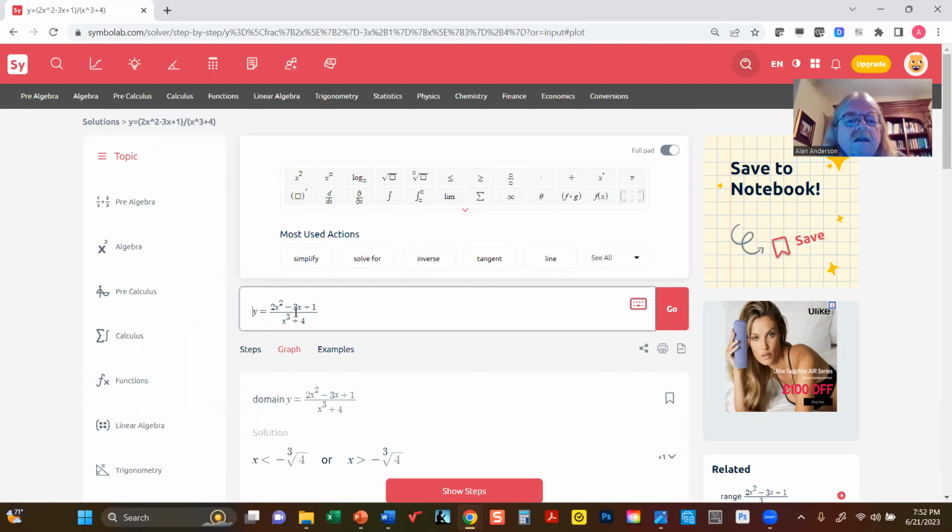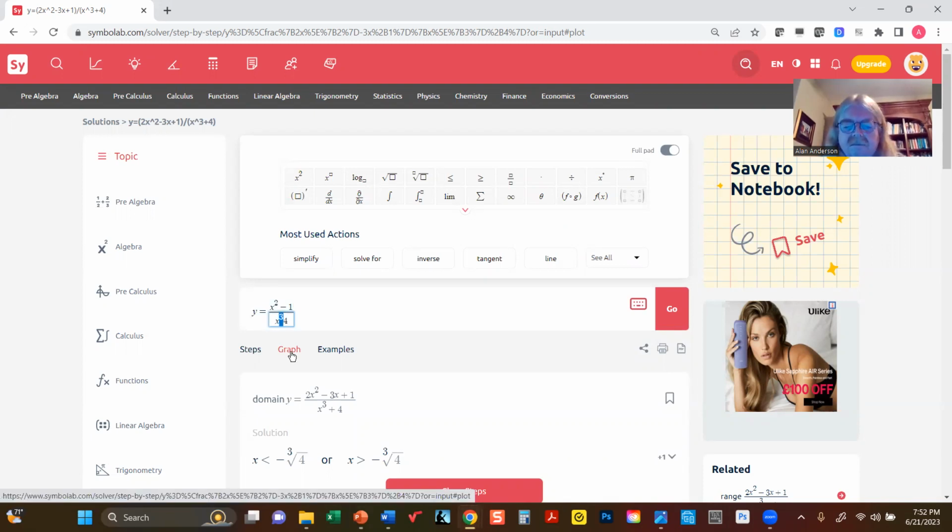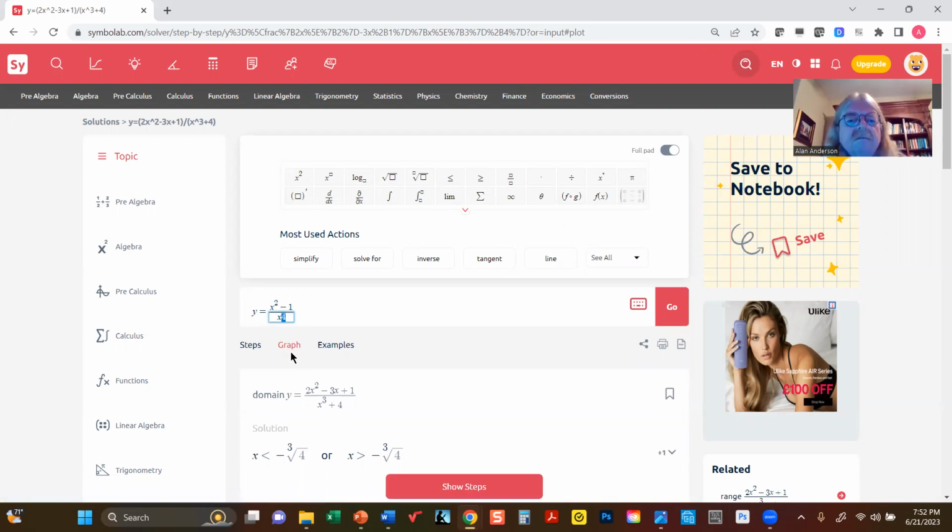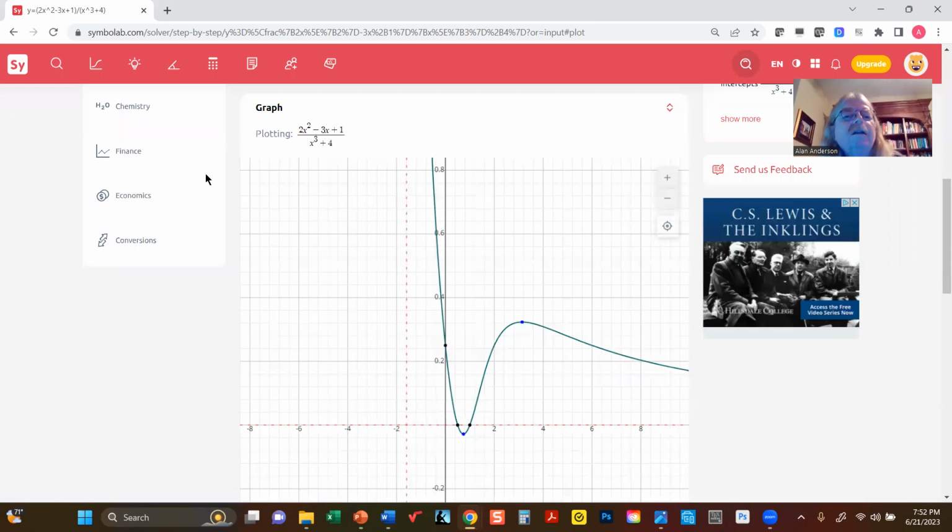So we have x squared minus 1 over x minus 1. All right, let's look at the graph. Oh, I know.